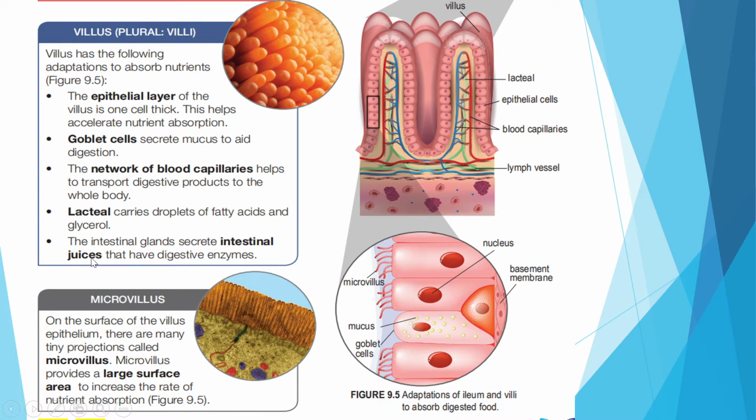Then this juice contains 5 digestive enzymes. On top of the villus itself, the surface has many tiny projections, called microvillus. Again, when we see finger-like projections like this, we know the aim is to provide a large surface area to increase the rate of nutrient absorption.